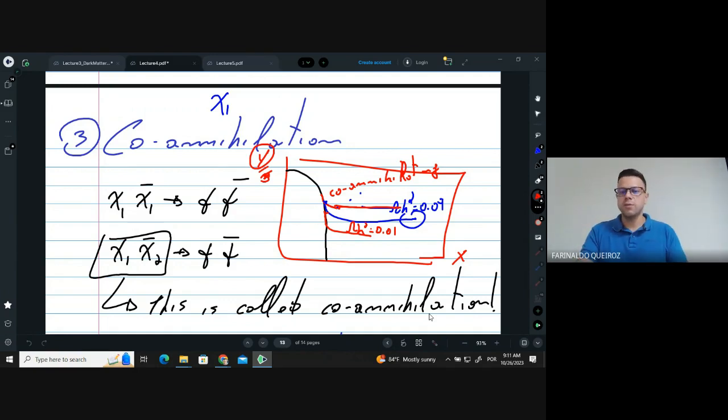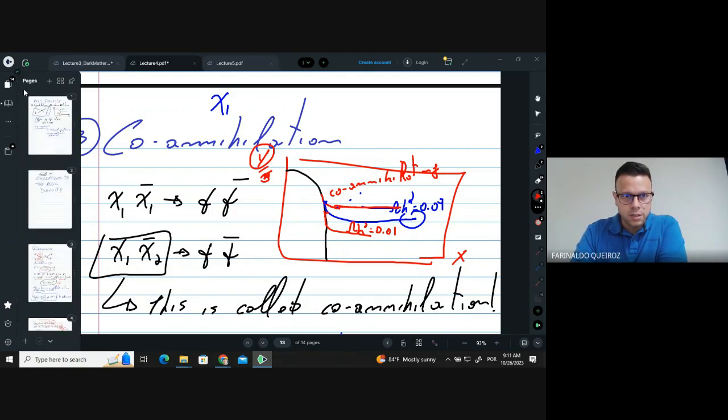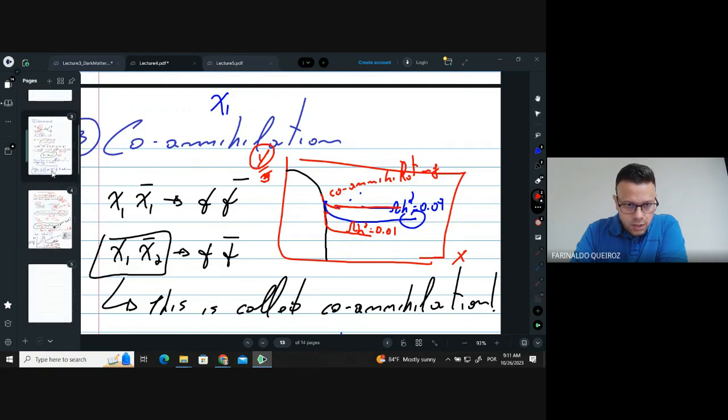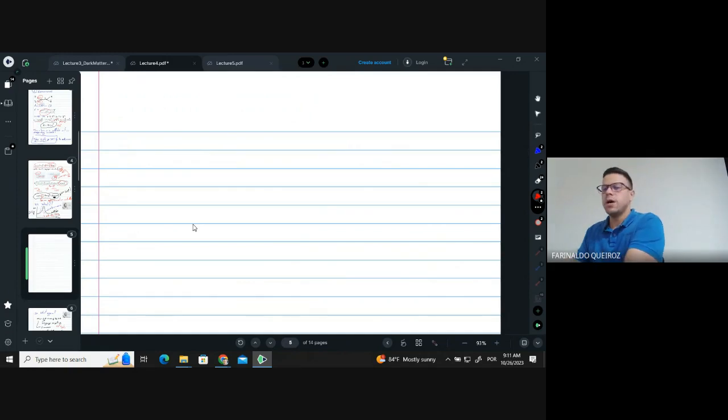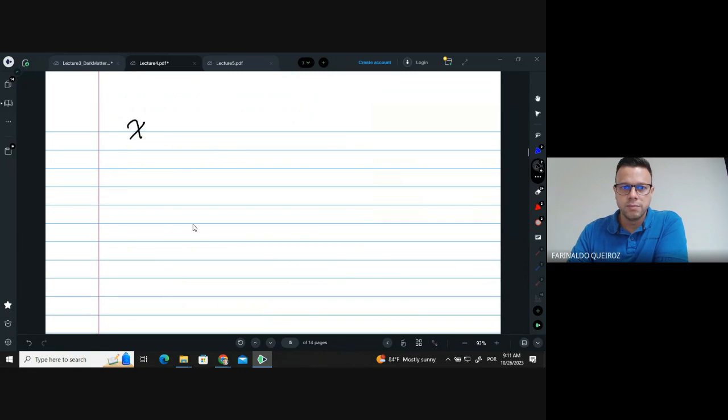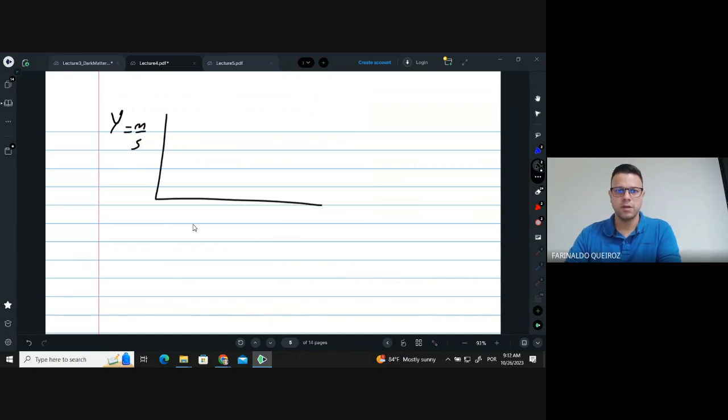So let's say chi1, I'm just going to take one more page here. Let me zoom. Yeah, I'm going to use this one. So let's say chi1, I have chi2. Let me go back to the yield, N over S, and then you have the curve. For dark matter, it goes like this, chi, and then decouples.